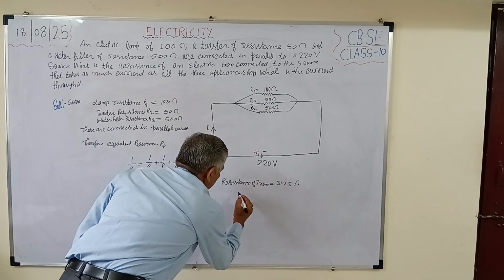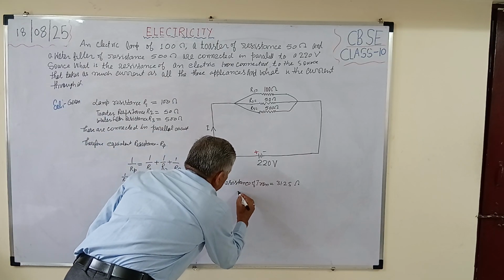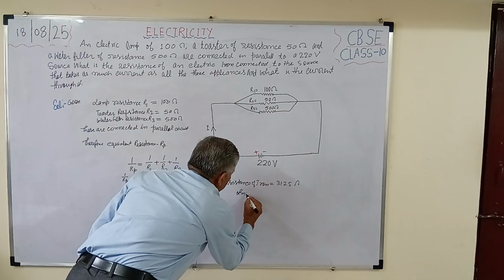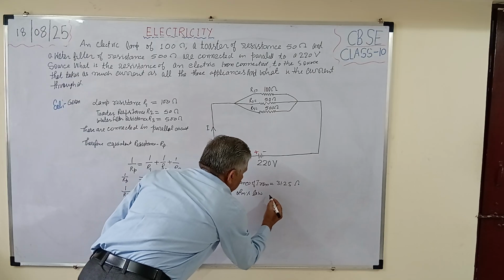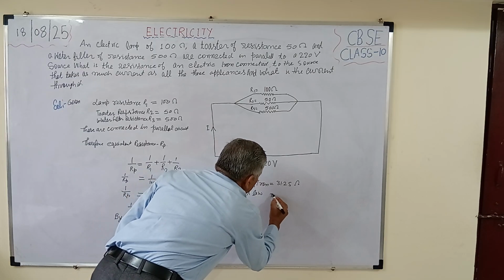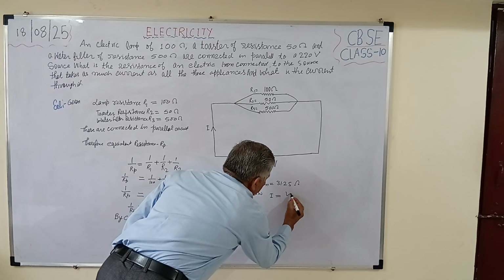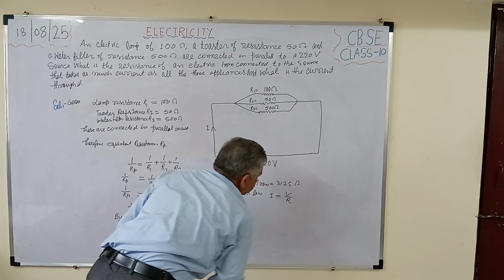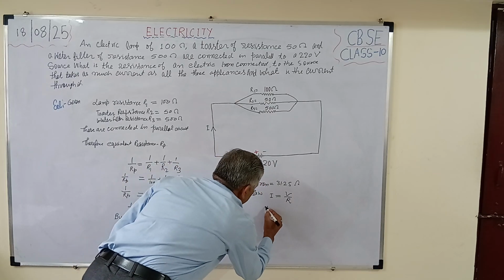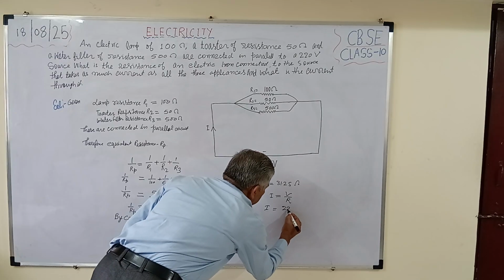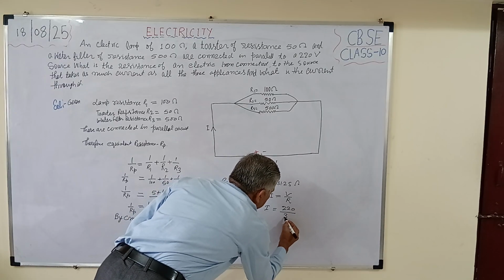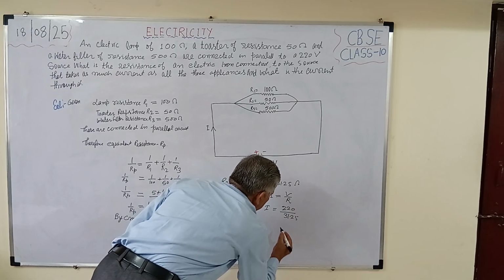Now applying Ohm's law, the current we want to know is I equals V by R. So here I equals 220 upon 31.25.